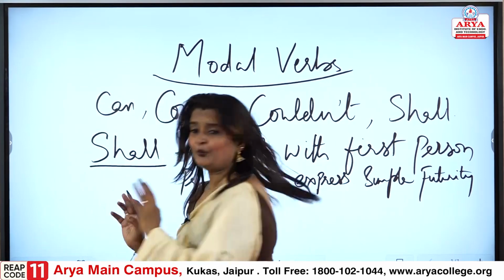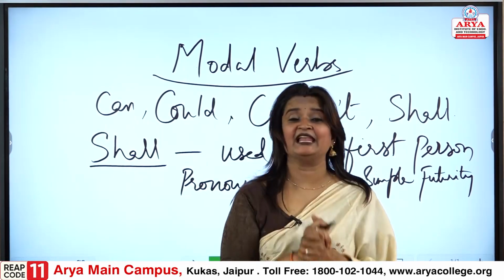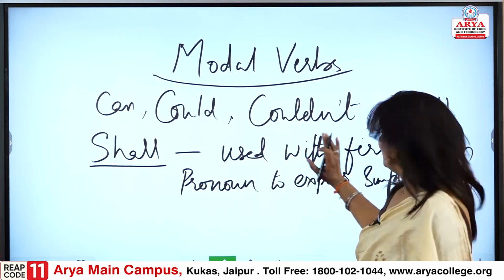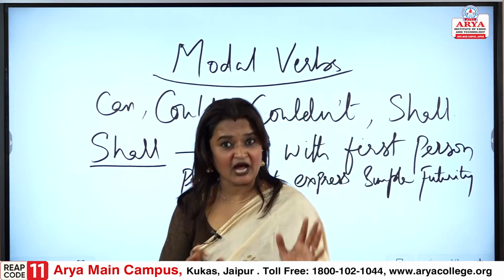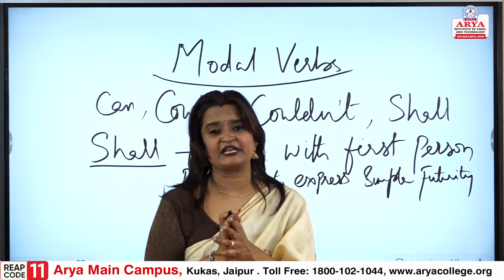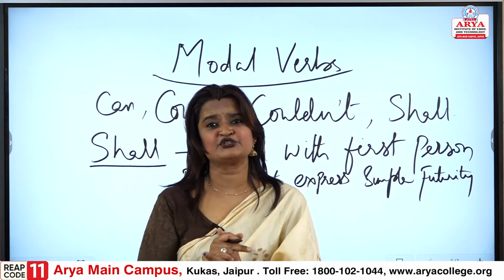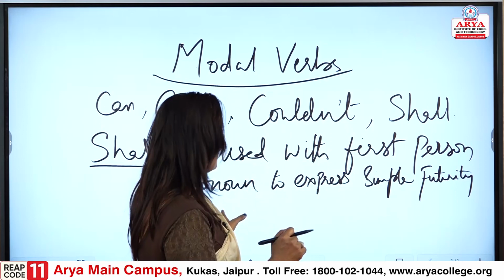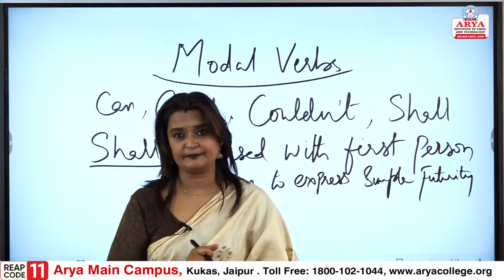Fine. So when we are talking about shall, it is used with the first person pronoun to express simple futurity. It is like near future, a simple future when we are talking about, and that too about the first person pronoun.